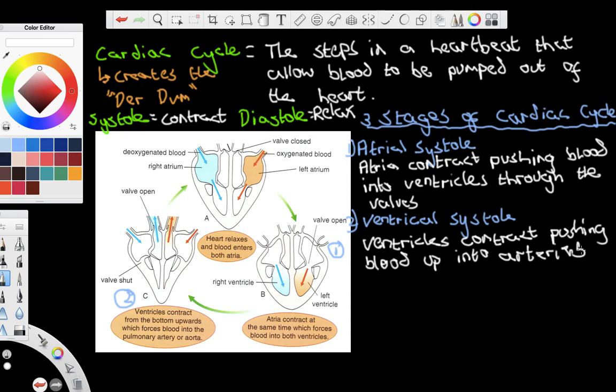Sorry, my hand's starting to hurt now. Ventricles contract, pushing blood up into the arteries. The valves between the atria and the ventricles prevent the backflow of blood. So we can add in red, valves stop blood returning to the arteries.